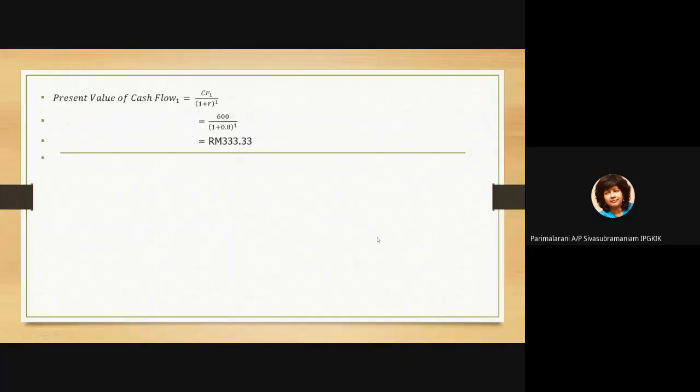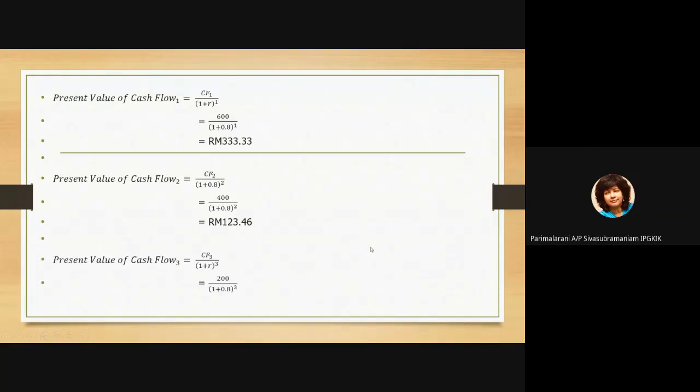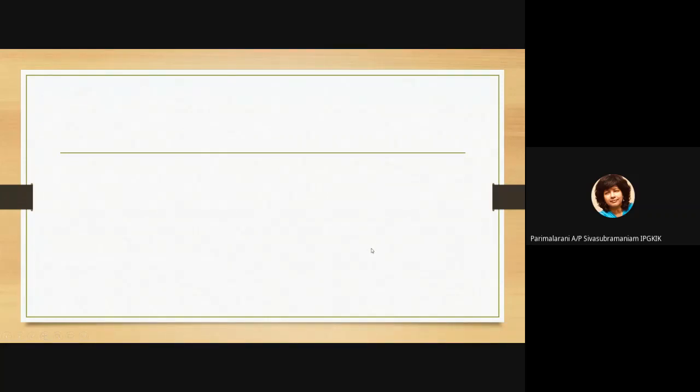So we calculate the present value of cash flow 1, cash flow 2, and cash flow 3, then add it all together. Here we have added straight. You can do it straight, or you can just add this together and then minus the 1000, or straight away you add negative 1000. So whichever way you can do it.